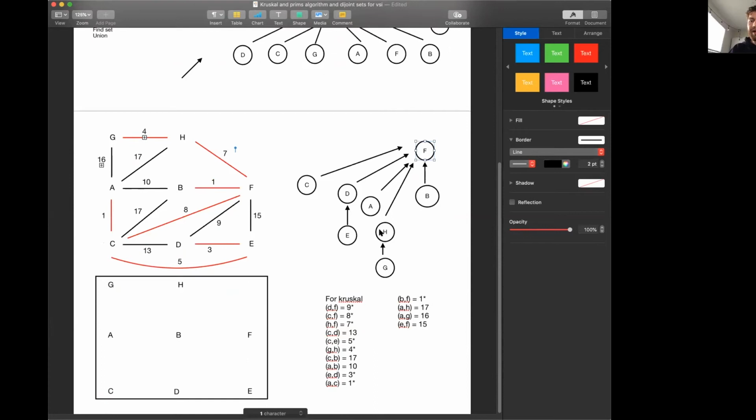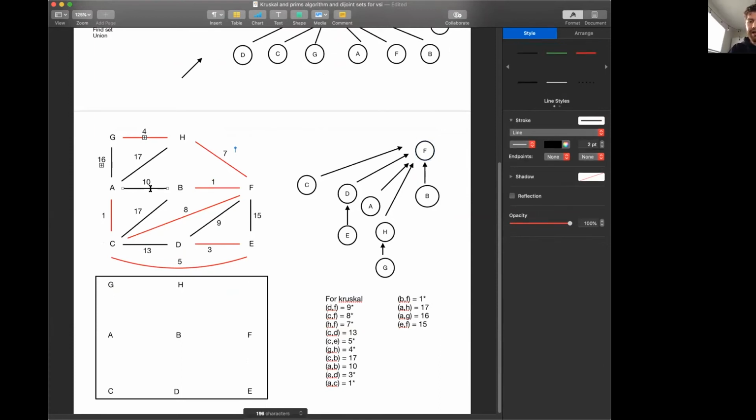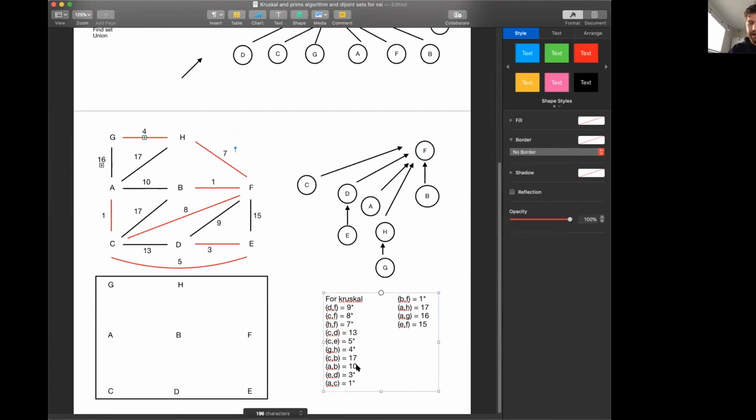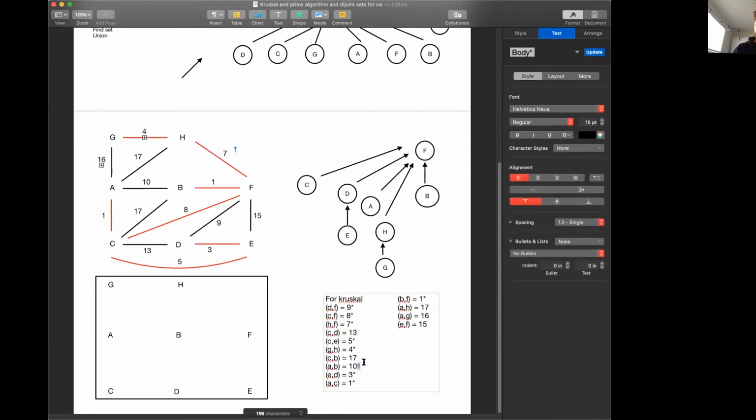We noticed so far that all our vertices are in the same disjoint set, so we kind of know that there will be no unions. This edge AB did not cause a union, so I'm not going to color it red. I processed 10, and I'm going to move on to the next smallest.